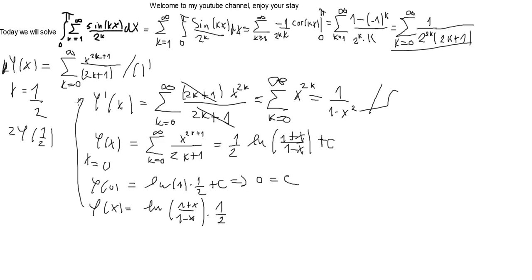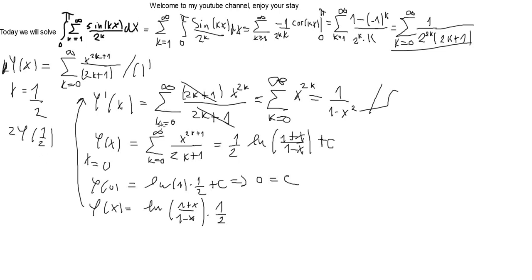As we said, this expression is exactly this. But in our original problem we have 2 to the 2k, and if we put x equals 1/2, we will have 2 to the 2k plus 1. So when we multiply with 2, we will get the thing we need.